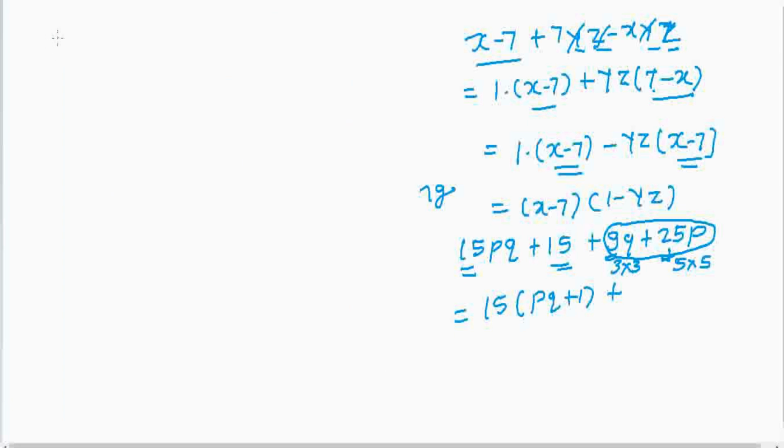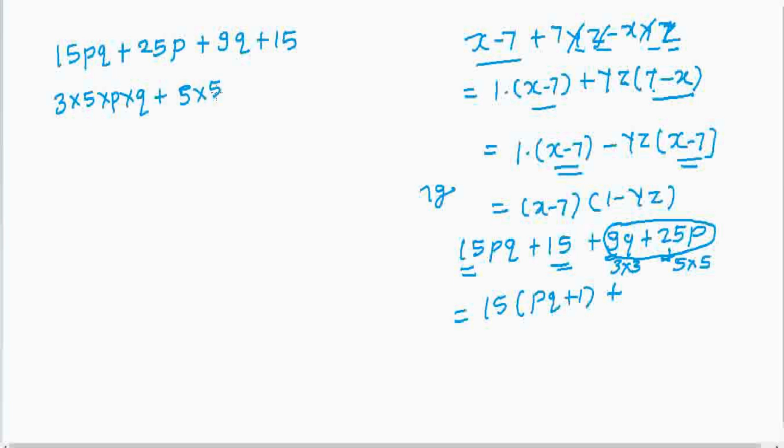Okay, so if we write these terms as 15pq plus 25p plus 9q plus 15. Here 15 is 3 into 5 into p into q, plus 25 we write as 5 into 5 into p, plus 9 into 3 into q, plus 3 into 5.